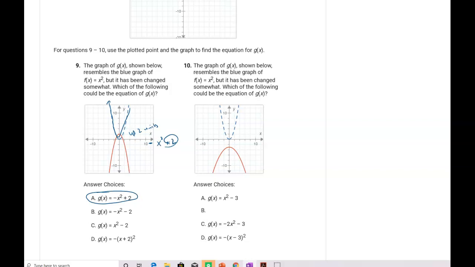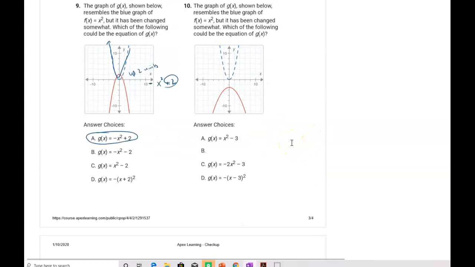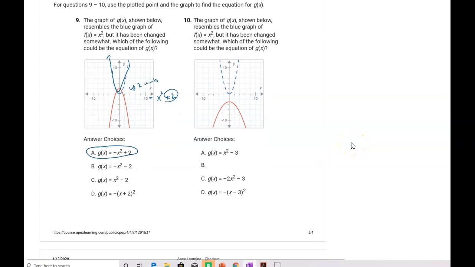Okay, now, the last one here, for some reason, this answer choice didn't come up. Right, let me write that in. It should be g of x equals negative 1/2 x all squared minus 3. Now with this one, it says the graph of g of x shown below resembles the blue graph of f of x equals x squared. So right away you know this one opened down, right?